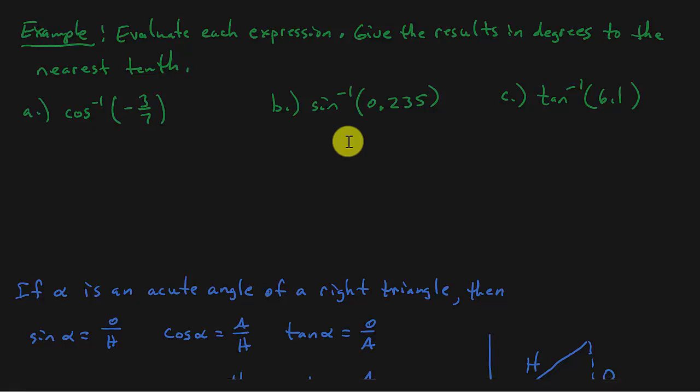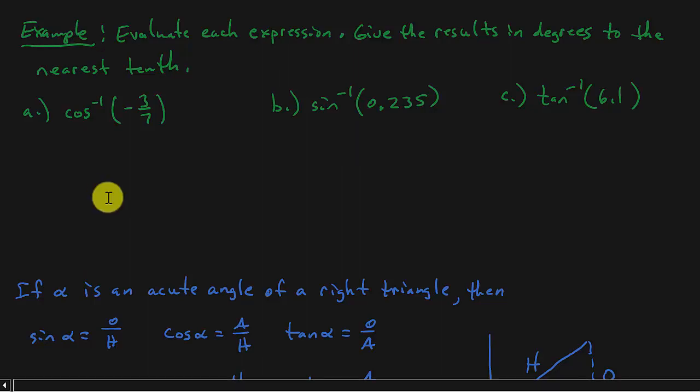Now, for the most part, calculators are going to do the same thing. You'll do the same thing on just about all calculators when you evaluate the inverse trig functions. On your calculator, there is a sine button, and above the sine button is inverse sine.